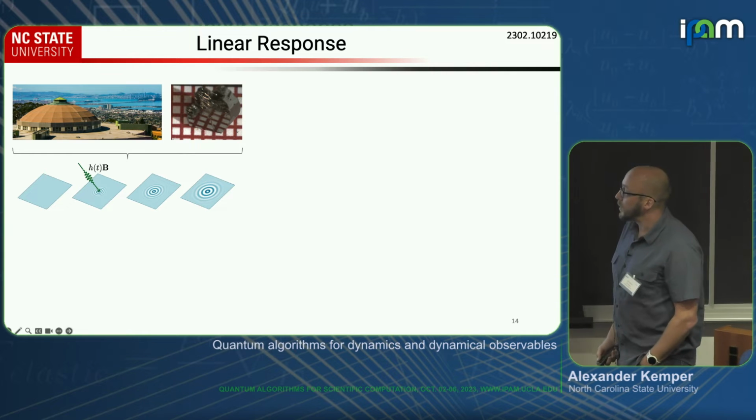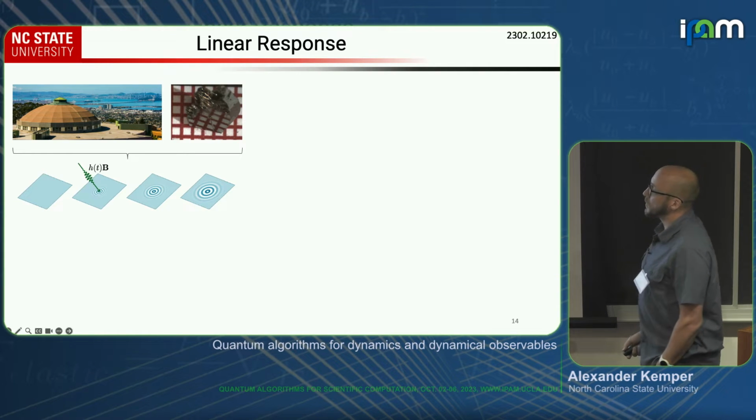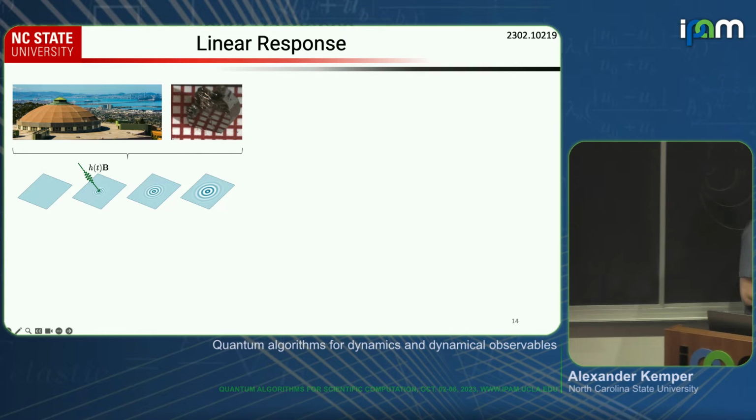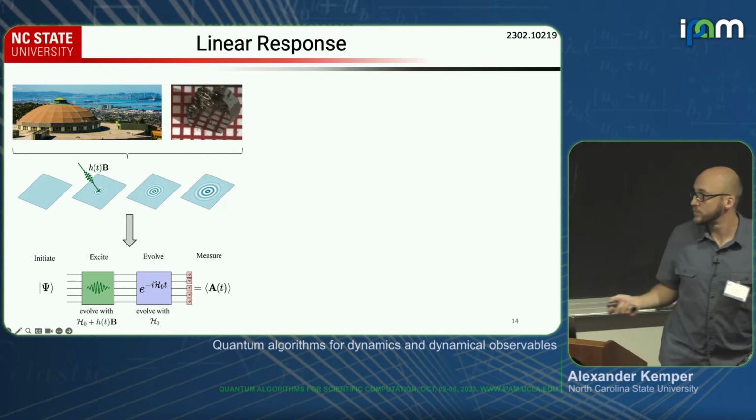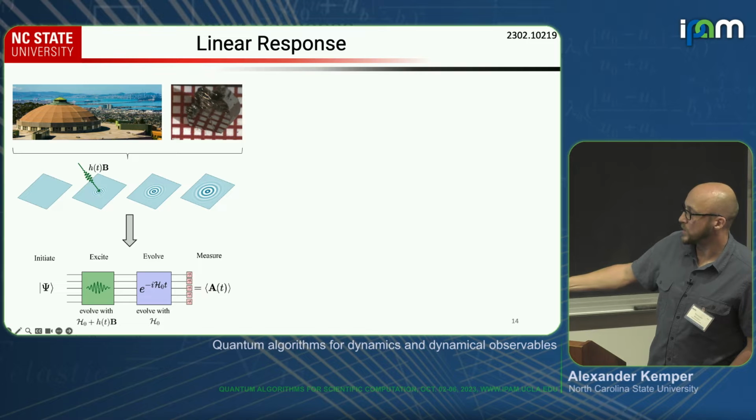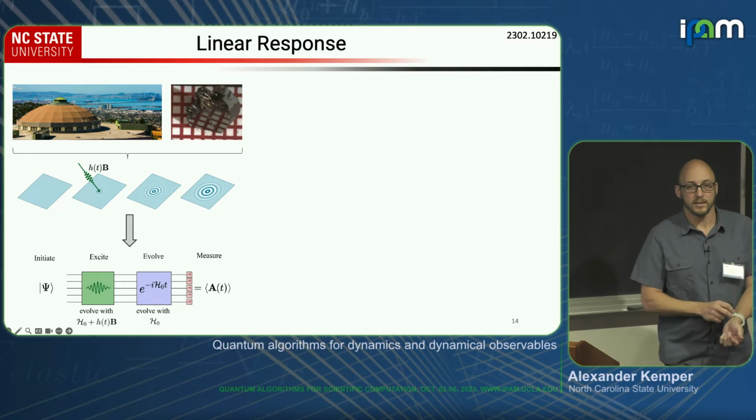Our proposal for a quantum algorithm that computes correlation functions, response functions, is to do precisely that. You start with some state. You make an excitation, so your exciting field, whatever it happens to be, goes into the Hamiltonian. You evolve it with whatever the system Hamiltonian is, and then you measure at the end.